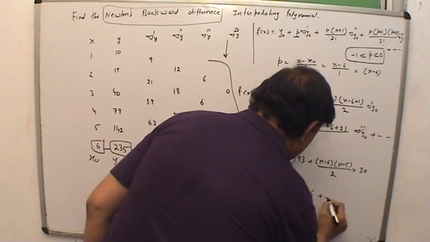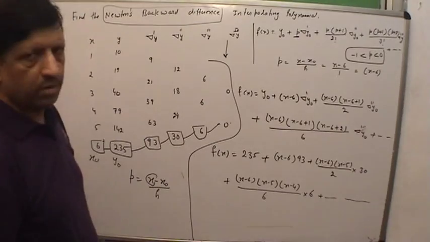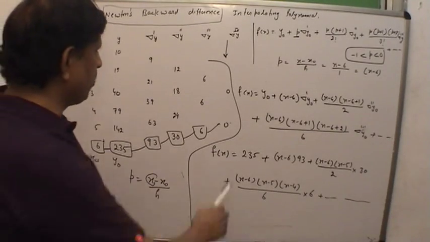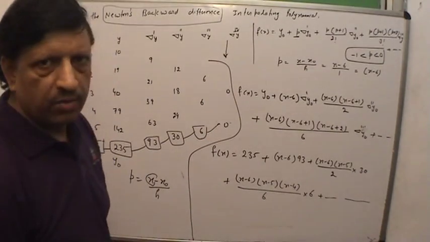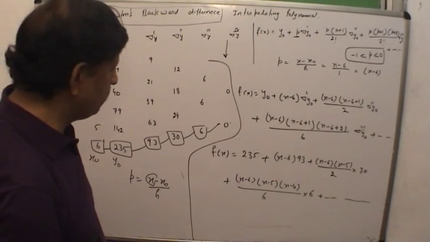And so on. We need not write the further values because the next values in the difference table are 0.